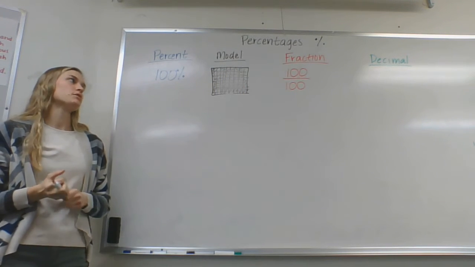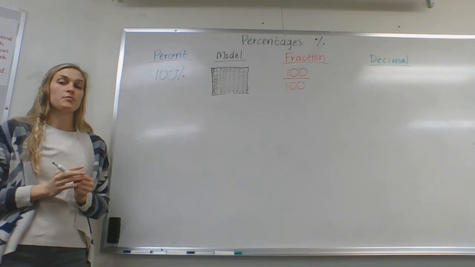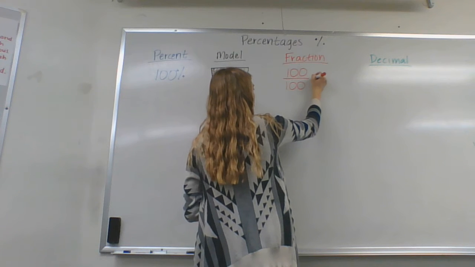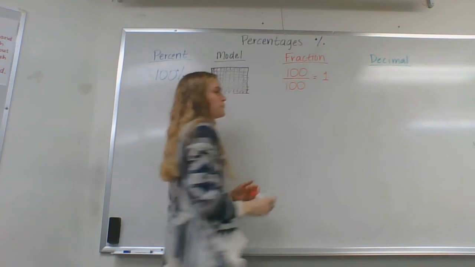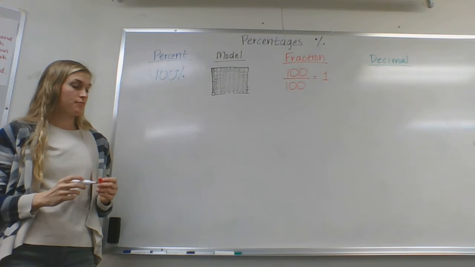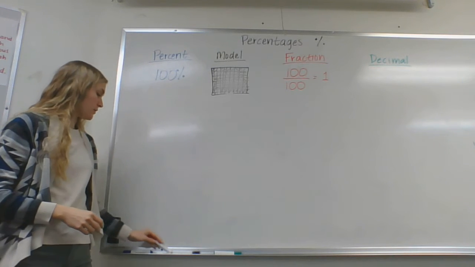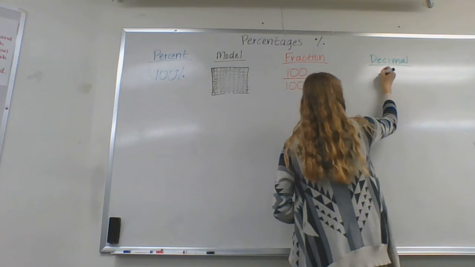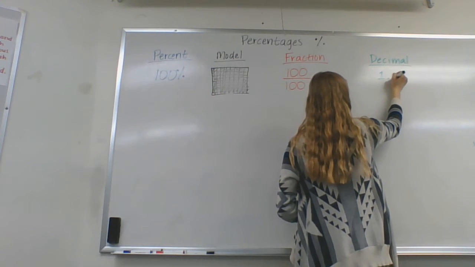Now if we put that in simplest form, it would be 1 whole. Right? 100 divided by 100 equals 1. Alright? And that makes our decimal easy. It's also just 1. If you want to put a decimal in there, you can put 1.0.